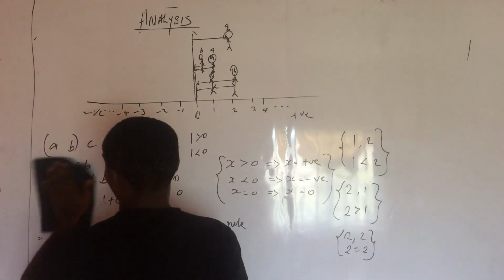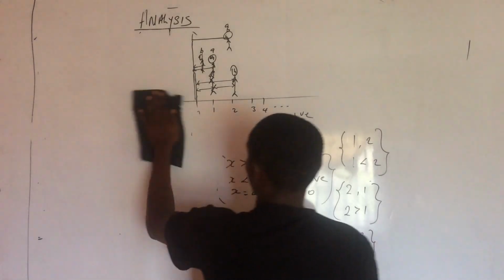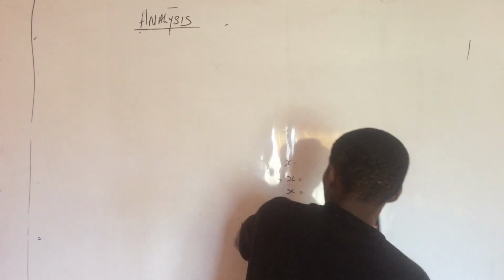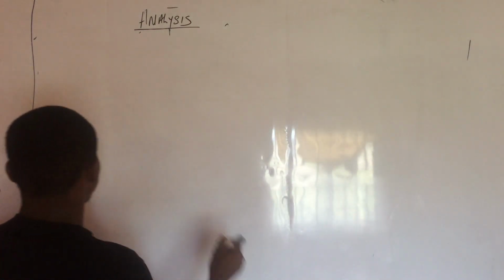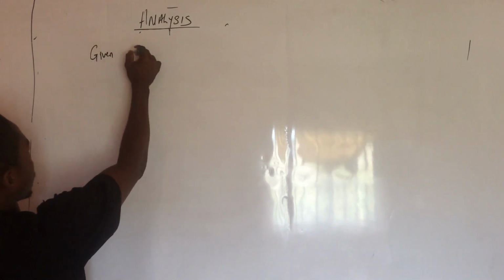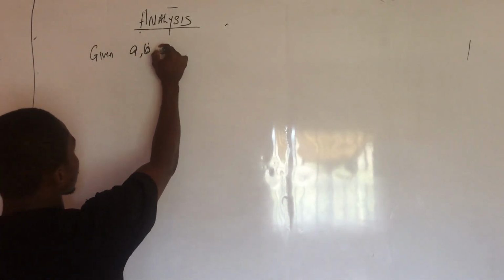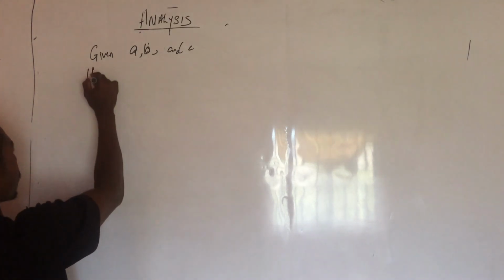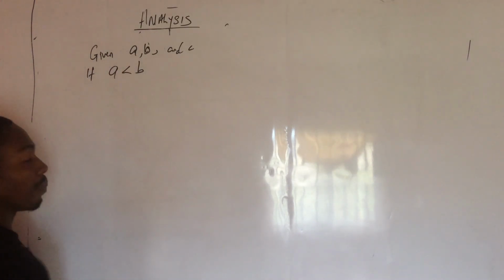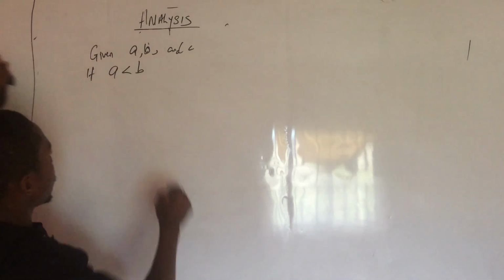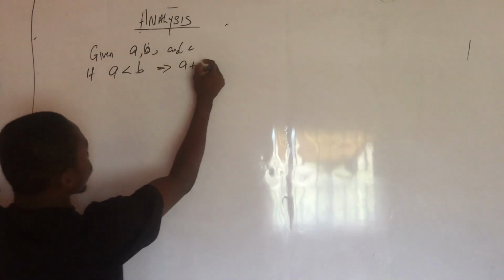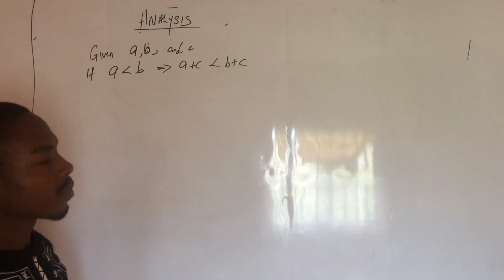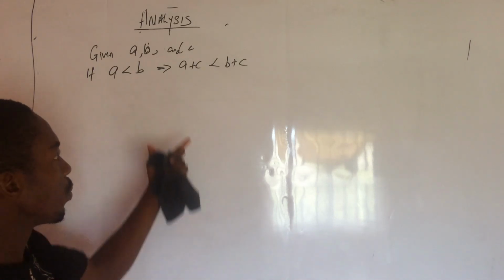Now let's look at another thing here. Now let's say given A, B, and C, we say if A is less than B, this implies that A plus C is less than B plus C. Now let us use numerical values to prove this.